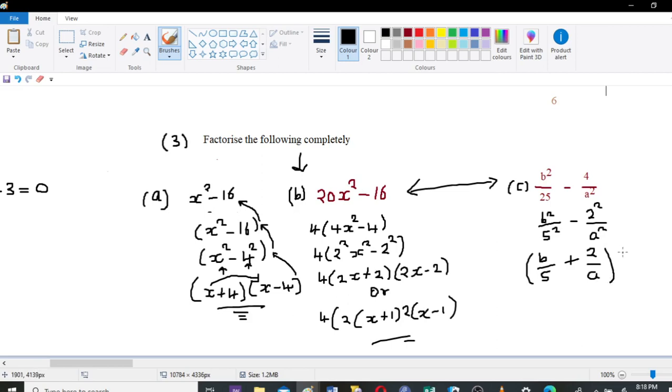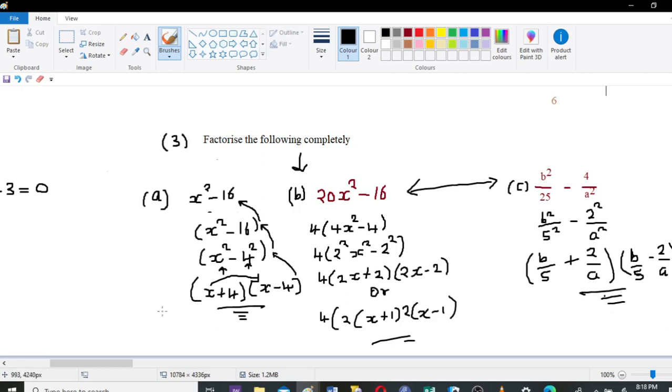Okay, then the second one will carry a negative sign, so we have the remaining b and the remaining 5, right? That is the remaining 5 minus the remaining 2 divided by the remaining a. Okay, so we are done with this question again.